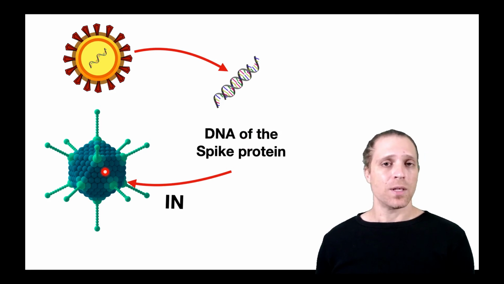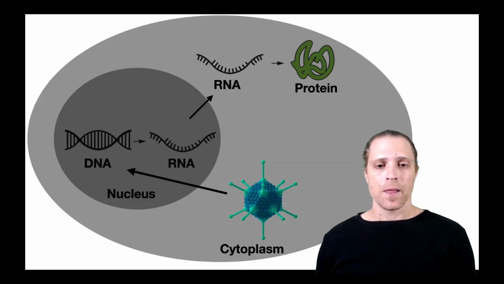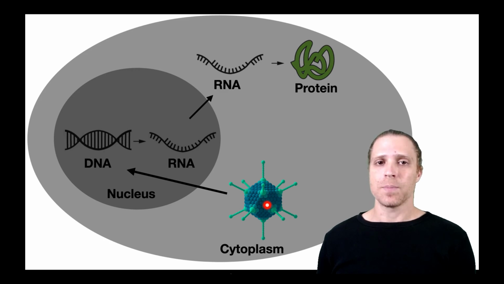The genome of the adenovirus is DNA, in contrast with the genome of the coronavirus, which is made of RNA. So now we have an adenovirus that cannot replicate inside our cells, but it can deliver the DNA for the spike protein. And that's exactly what it does.